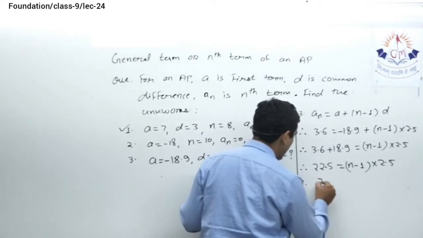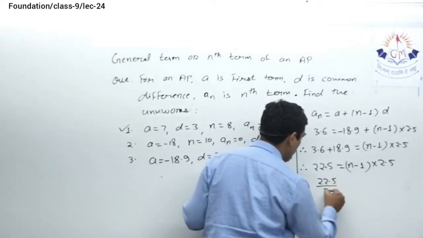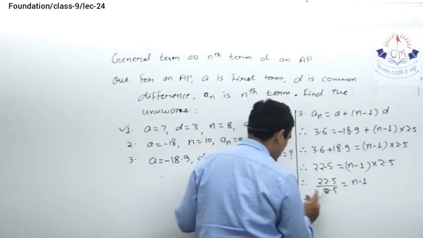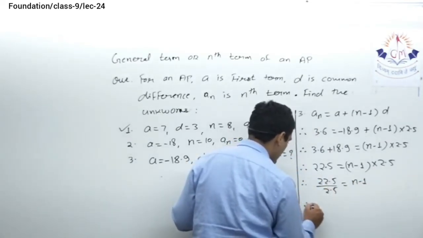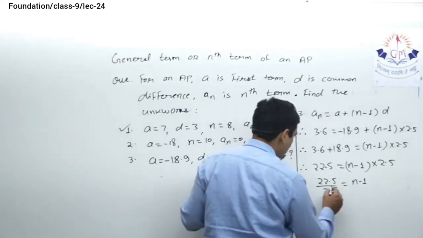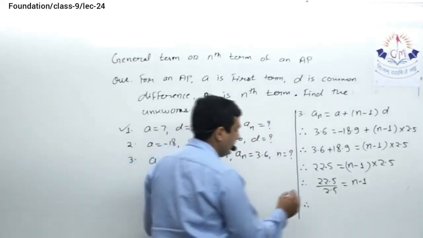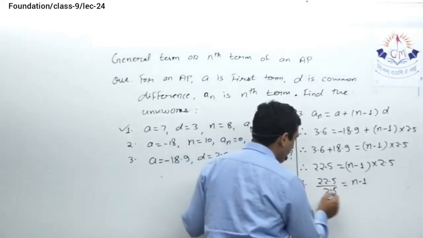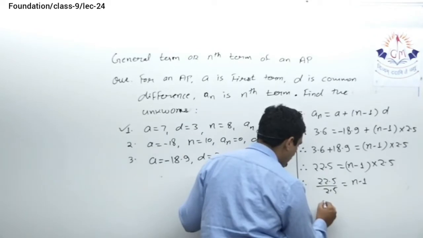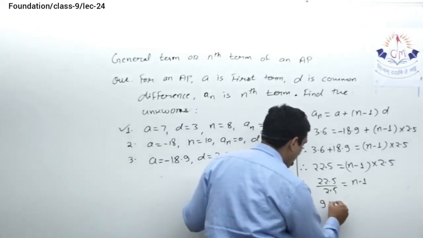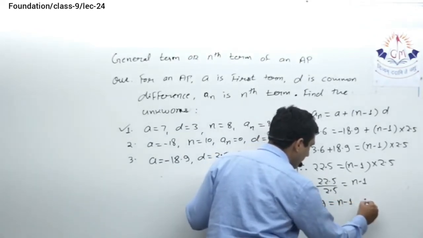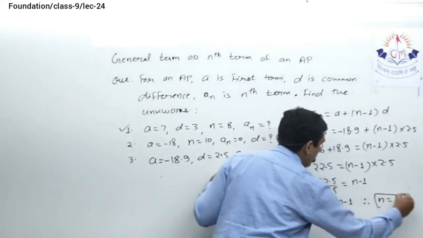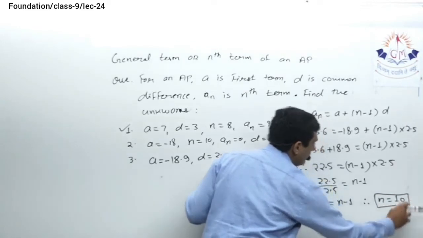So here I can write 22.5 upon 2.5 is equal to n minus 1. We can remove this decimal by multiplying by 10. 25 nines are 225, so 9 is equal to n minus 1, so ultimately n is equal to 10. So this is my final answer, n is equal to 10.